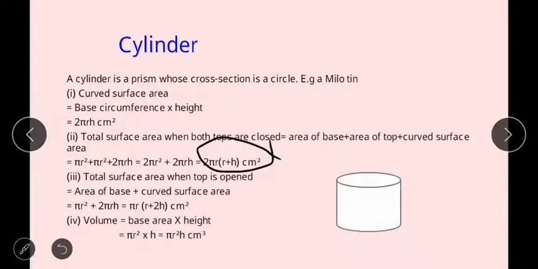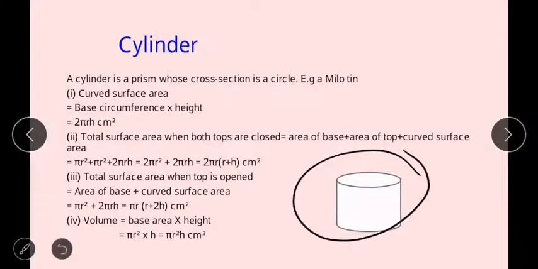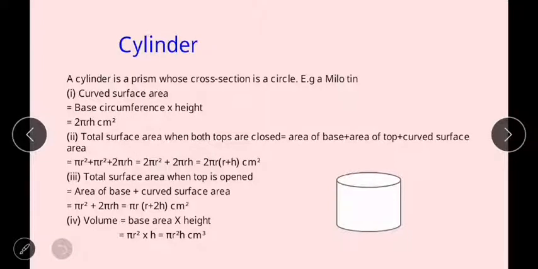Don't forget your unit. How do we calculate the total surface area when the top is opened? Let us take this as your Milo tin. Now, you have opened this lid for you to take Milo away from this thing. You know, and someone approaches you asking what is the total surface area of what you have left as a cylinder?